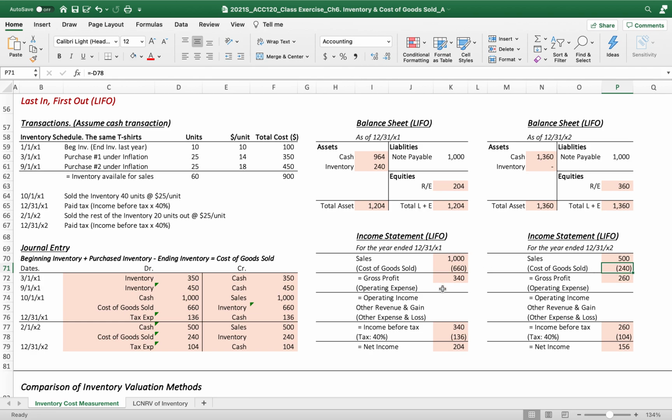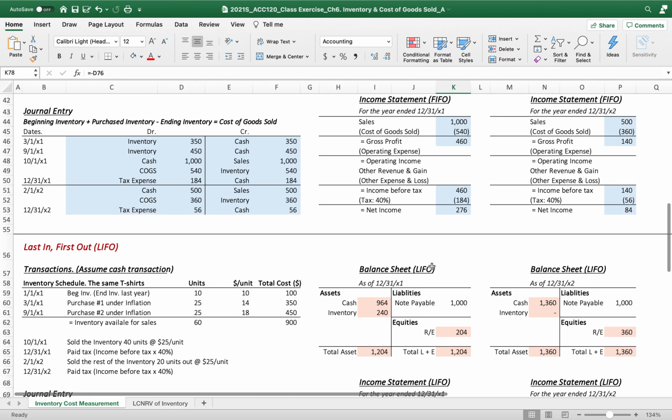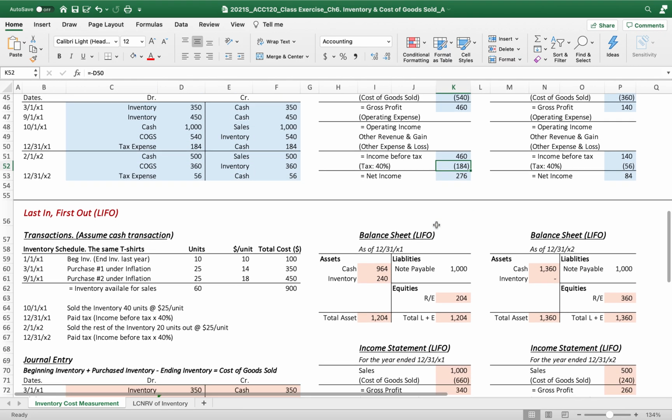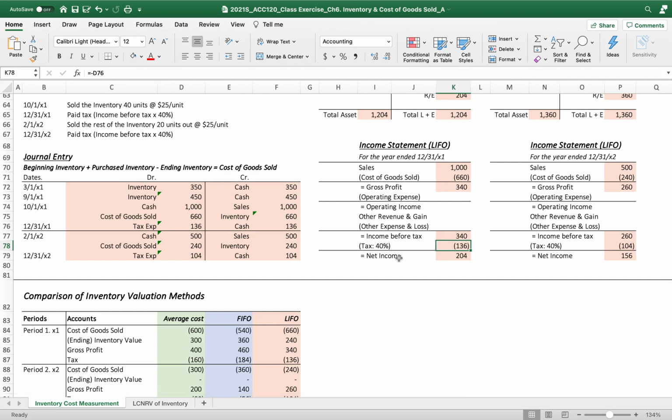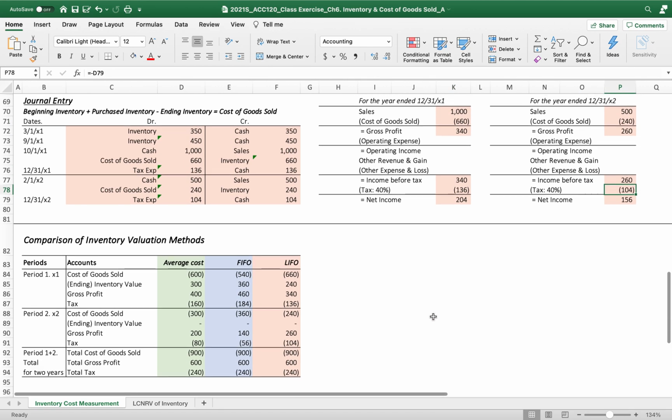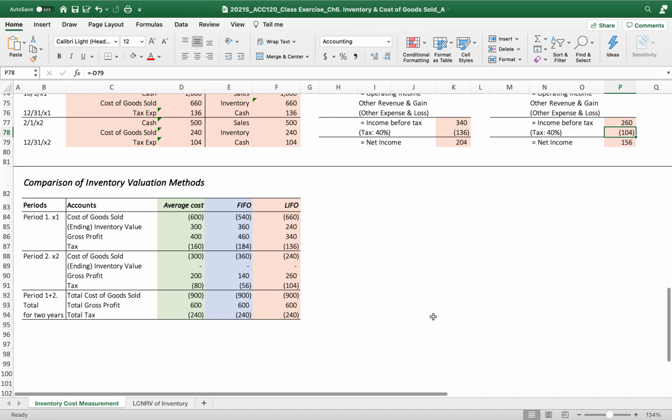Under LIFO, the tax payment is the lowest amount because we count the expensive cost of goods sold first, and then in the second year the cost of goods sold is the cheapest one, and then the tax amount paid is more.